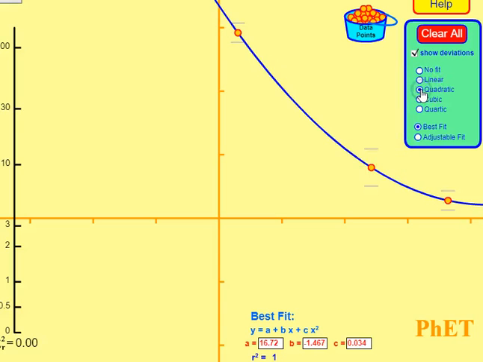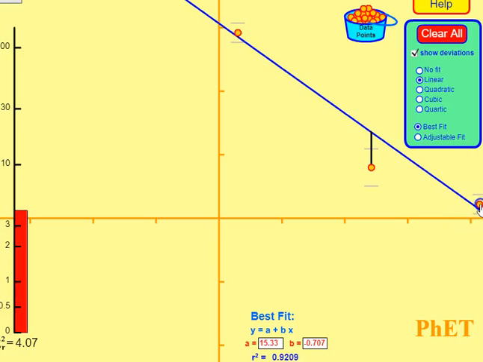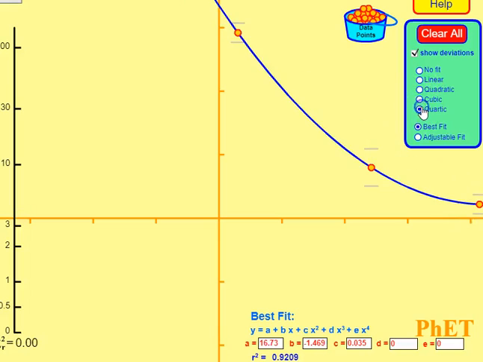But I cannot discuss this, because then that would imply there is no random error in the data, which is physically impossible to have. So now you see the quadratic fit is also giving you a proper r square value.